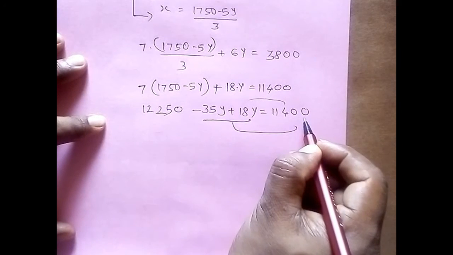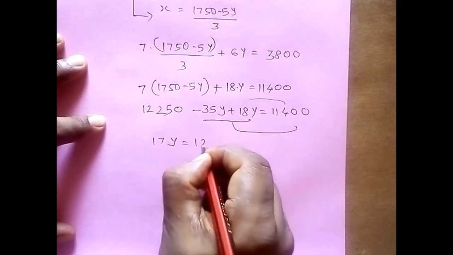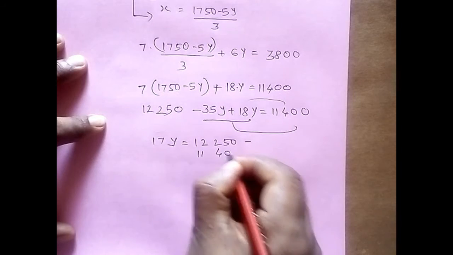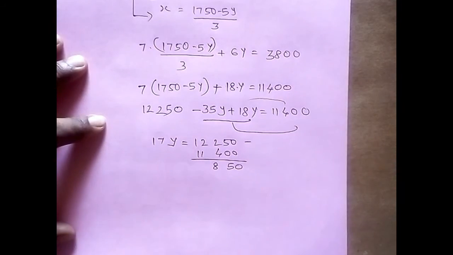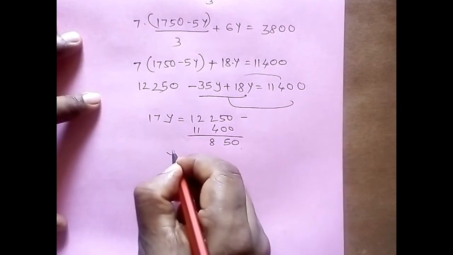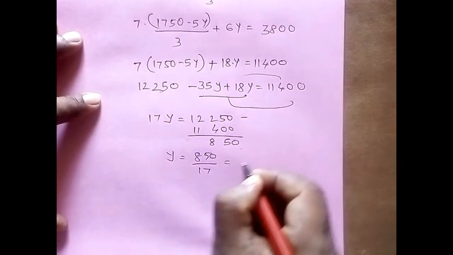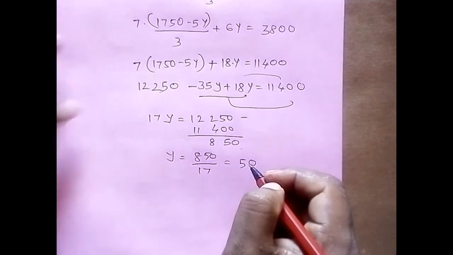When it is going to the right side, it will become 17y. So 17y is equal to 12,250 minus 11,400. That means 850. So y is equal to 850 divided by 17, which is equal to 50.